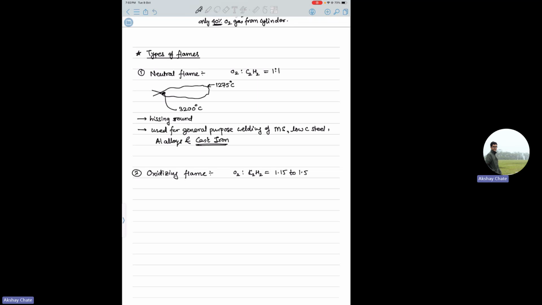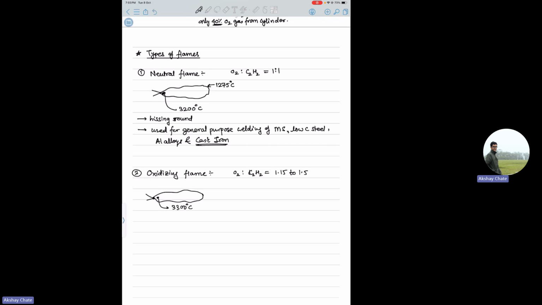In that case, you basically get slightly higher temperatures in your flames, maybe around 3300 degrees Celsius, and the outer part depends.